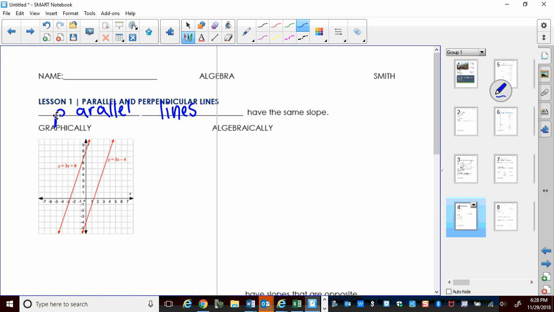That means if equation 1 is y equals 3x plus 8 and equation 2 is y equals 3x minus 4, we can write a statement about these two equations. The slope of equation 1, m1, is 3.